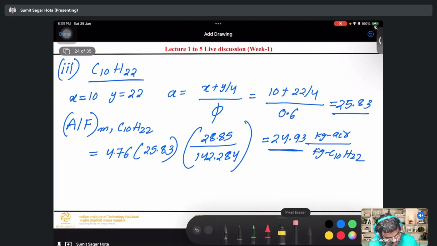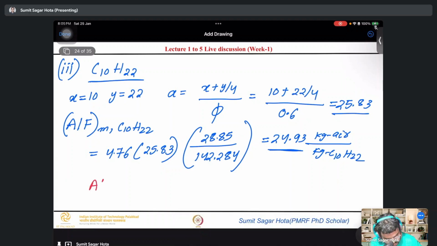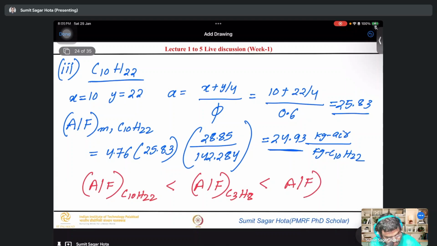So what you get to know here? The relation is air fuel ratio of C10H22 is less than air fuel ratio of C3H8, and air fuel ratio of CH4. This is what you get to know.